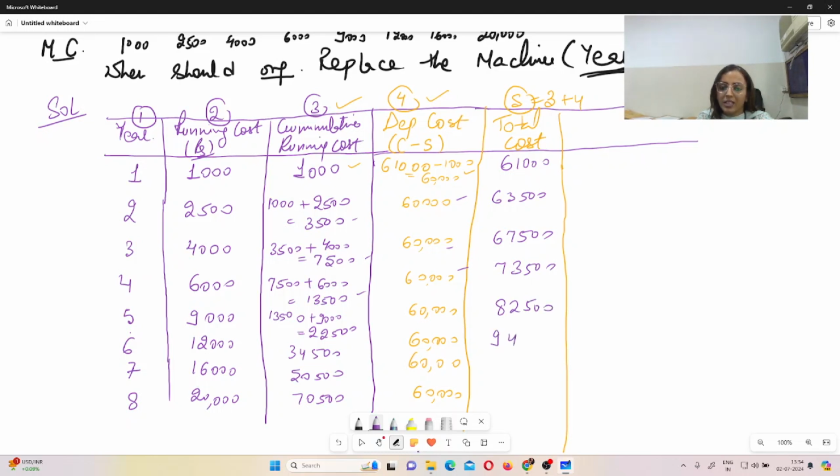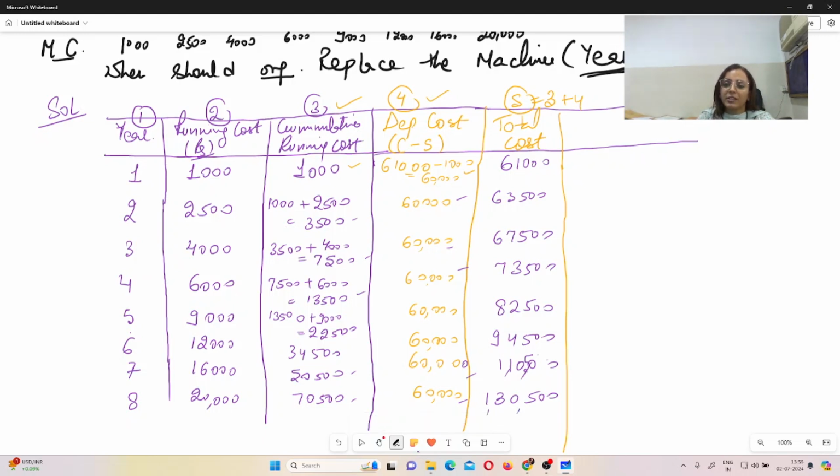Then 60,000 plus 34,500 is 94,500. Then 60,000 plus 50,500 is 1,10,500. Now 60,000 plus 70,500 is 1,30,500. So this way we are able to find the total cost.